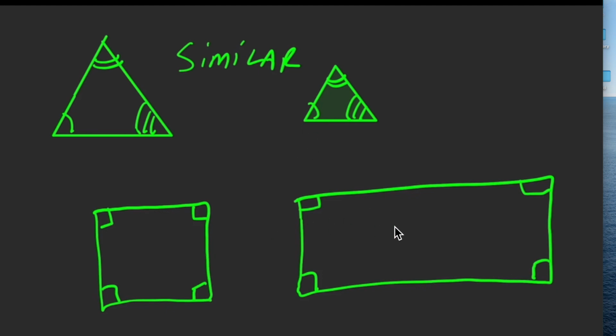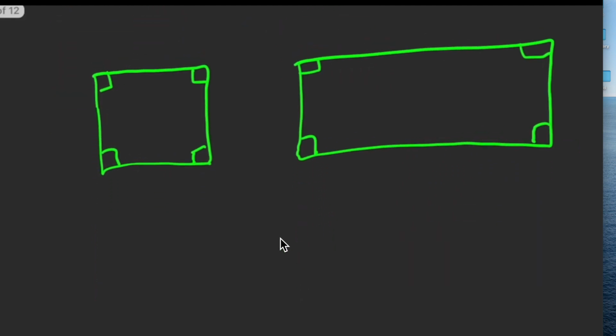But look, these are not similar, and here's why. When you're dealing with a quadrilateral or other polygons that have 4 or more sides, in addition to having all the angles the same, all the sides have to be proportional. So what do I mean by that? Suppose this square has a side of 4, and by definition, a square is going to have all sides equal.